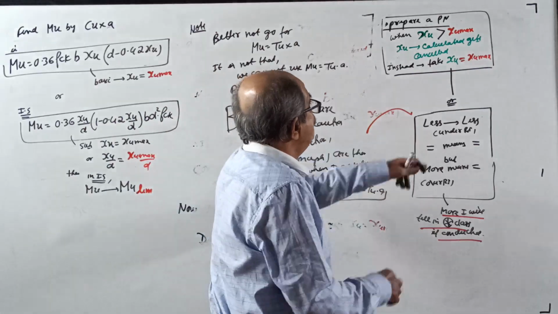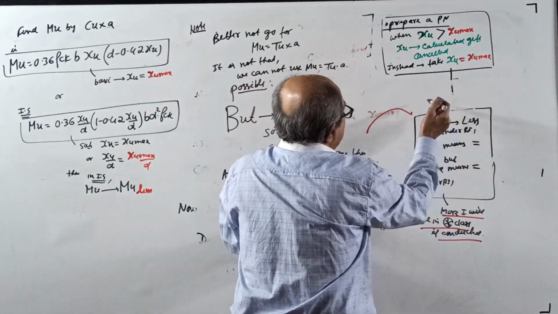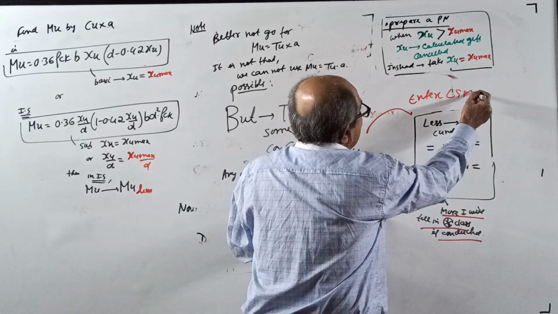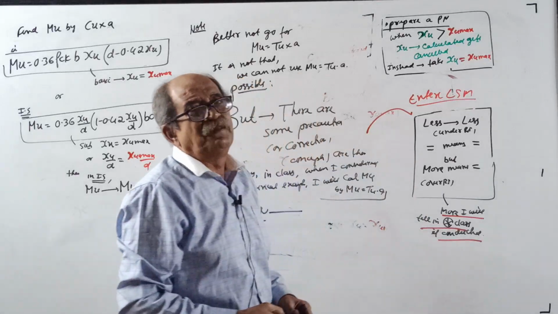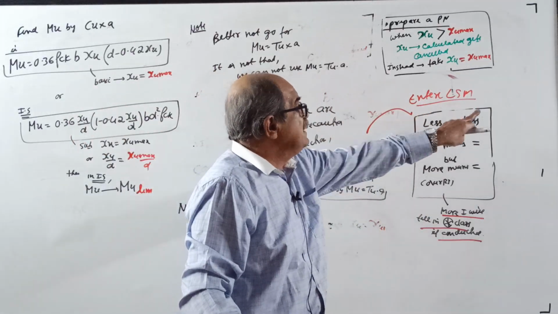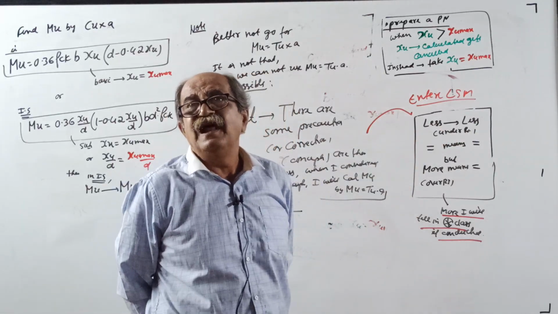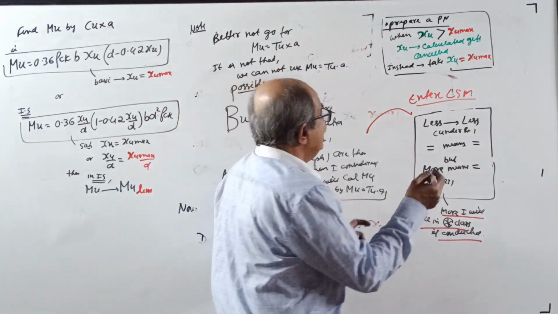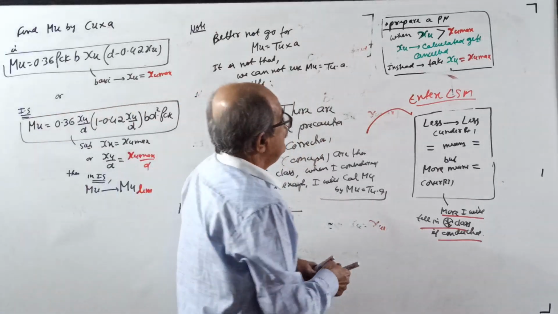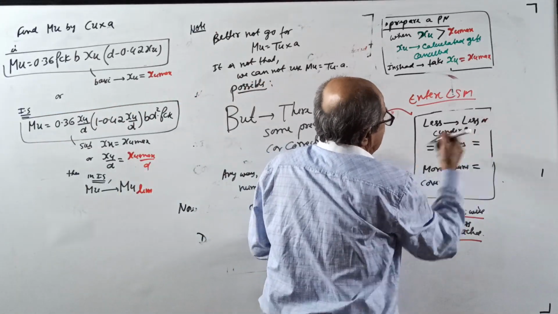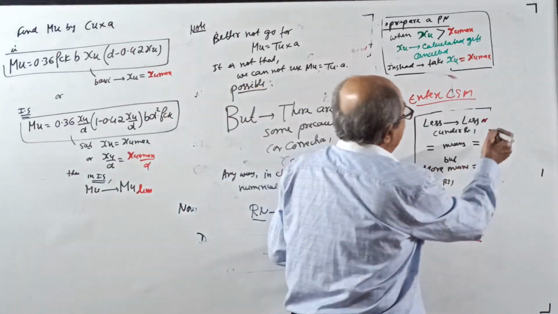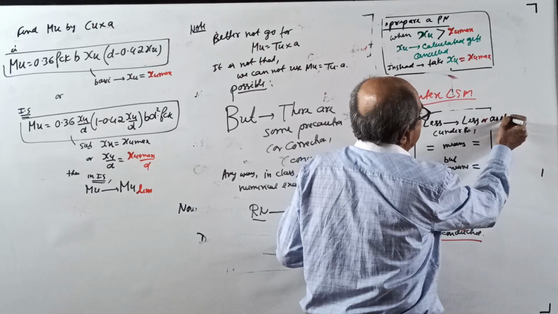Okay. This is for the entire limit state method. Entire limit state method means singly reinforced, doubly reinforced or T section, any section. Less means less, that is as it is.